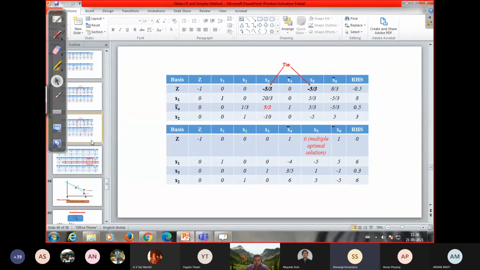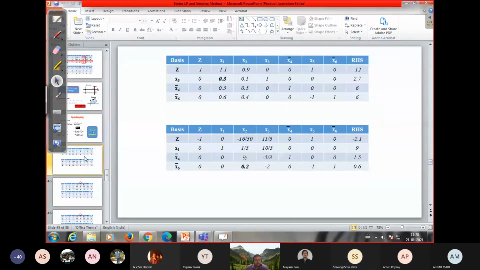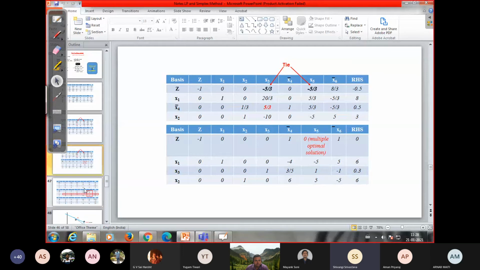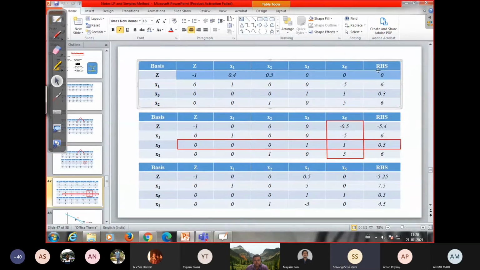Okay. So can you tell me this? When I complete this phase 1 here, we have this table, fine. And then we move to phase 2, where I have this objective, 0.4 x1 plus 0.5 x2.